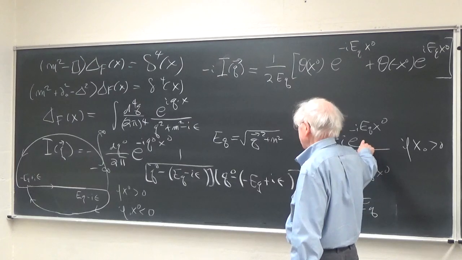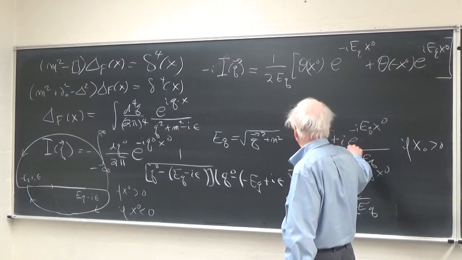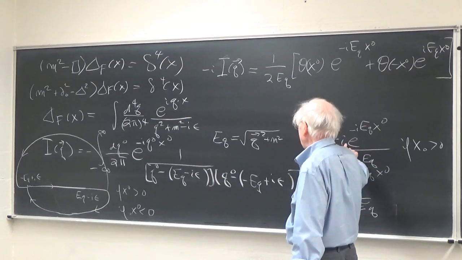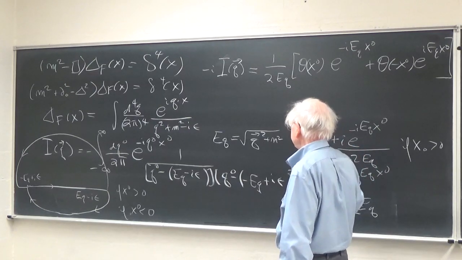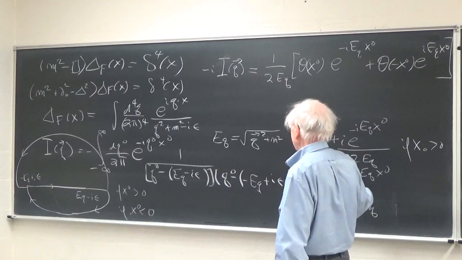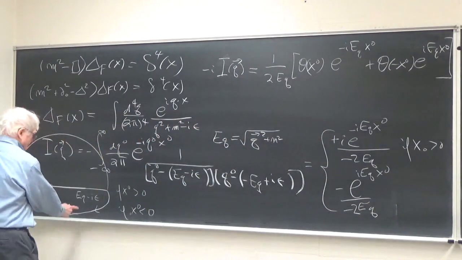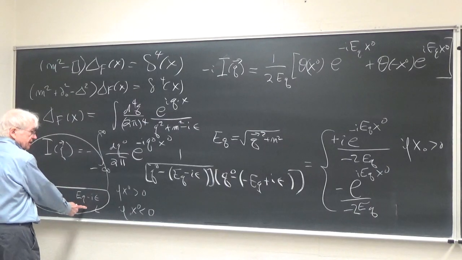What we're supposed to get is this thing is then 2 pi. Okay, we're picking up this one.